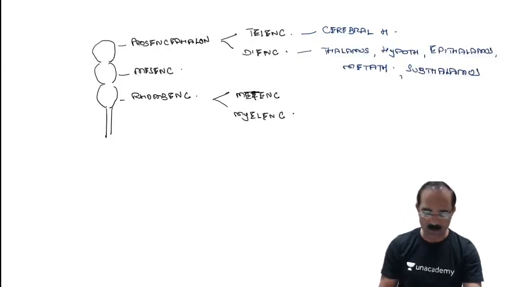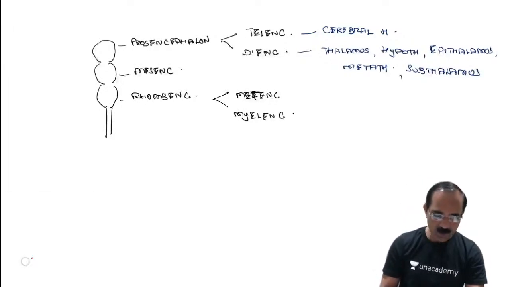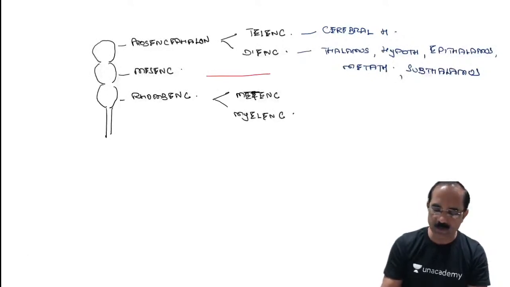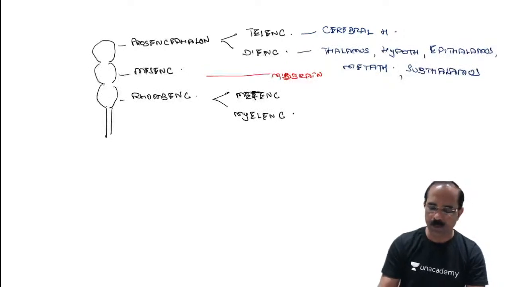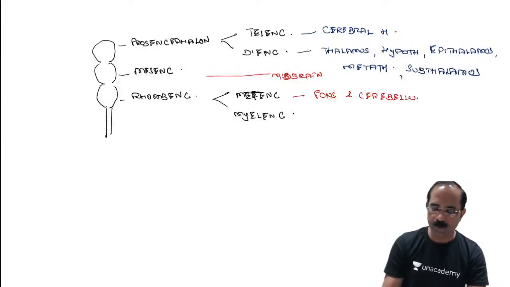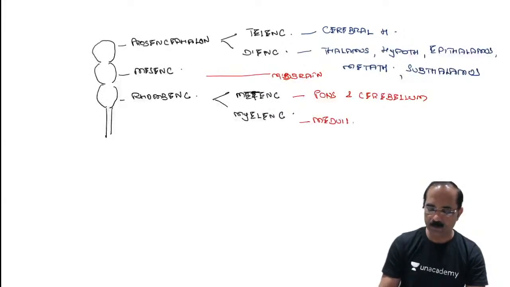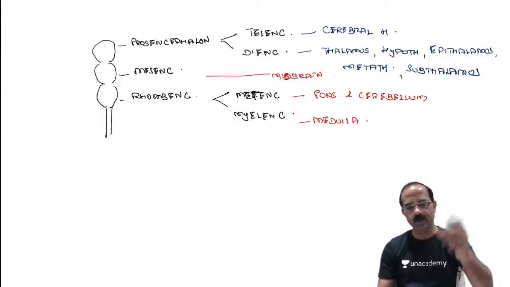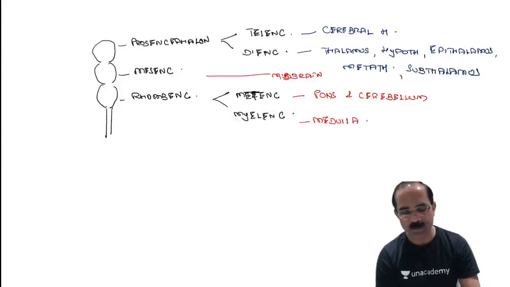We'll come to this. What does the metencephalon form? The metencephalon forms the pons and the cerebellum, and the myelencephalon forms the medulla.